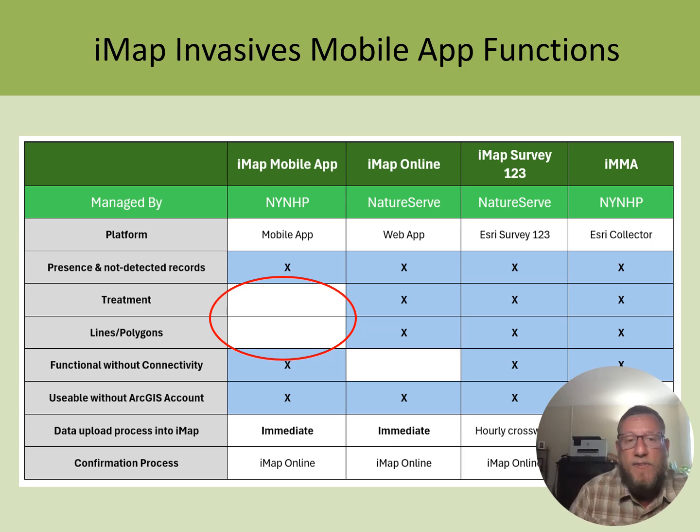So I just want to emphasize here, the iMap Invasives mobile app is really great for creating points on the map if you just want to create points as to where invasive species are present.